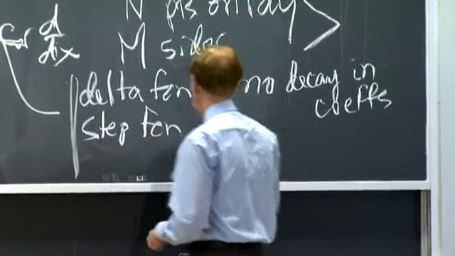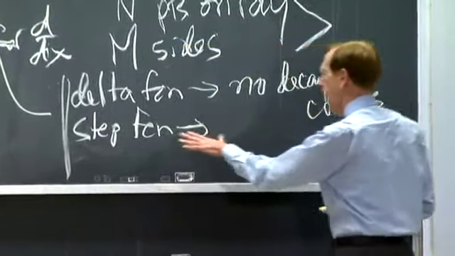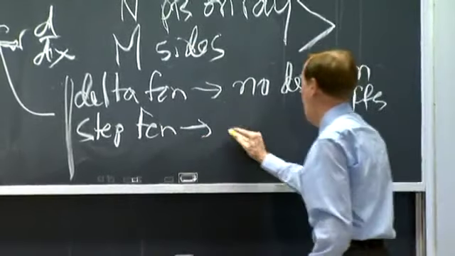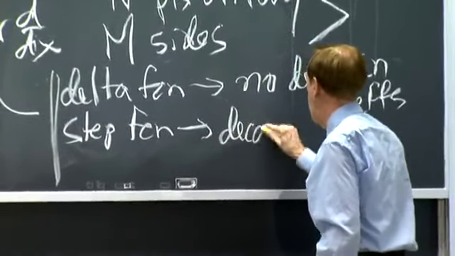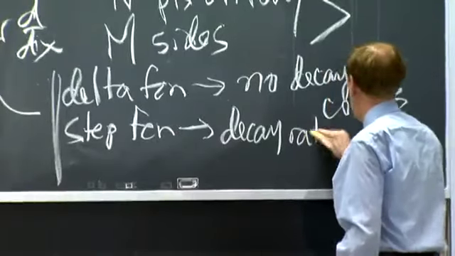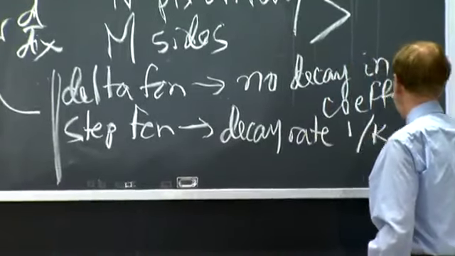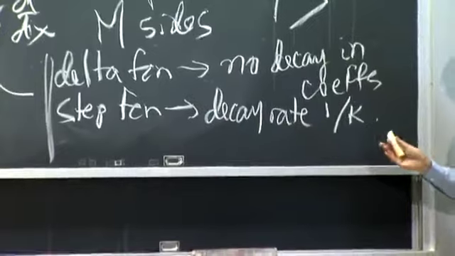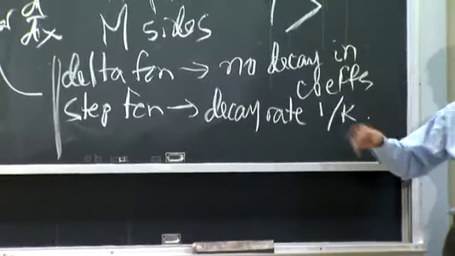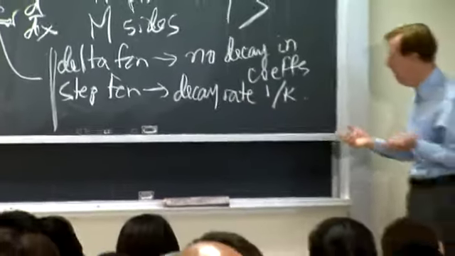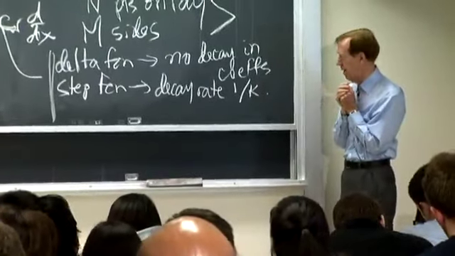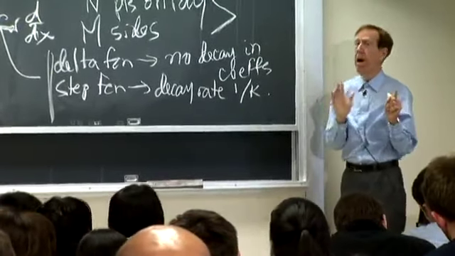So what will be the deal with those? If I have a function that's a step function, the decay rate is 1 over k. So they do go to 0. The 1,000th coefficient will be roughly of size 1 over 1,000. That's not fast.